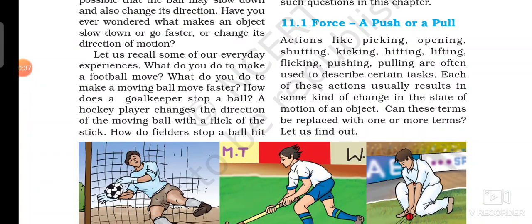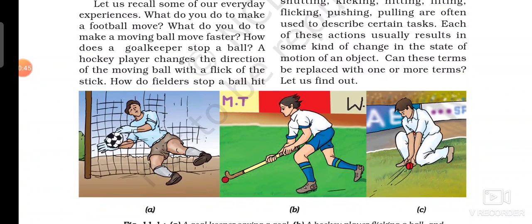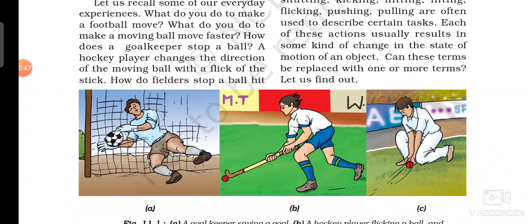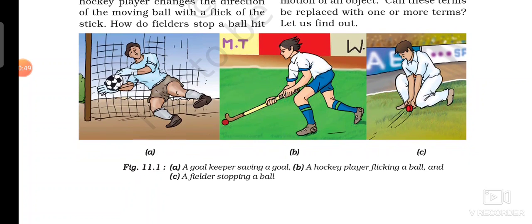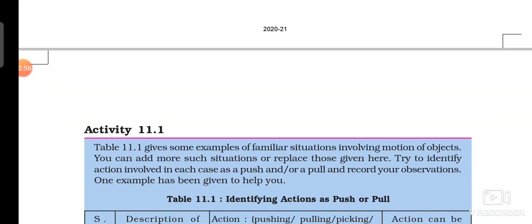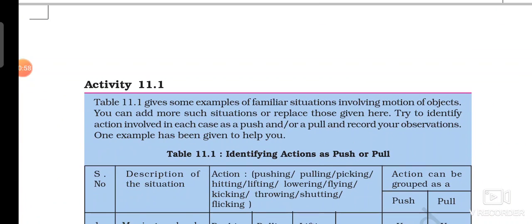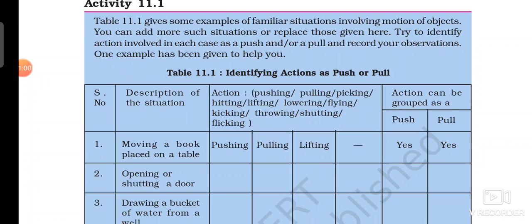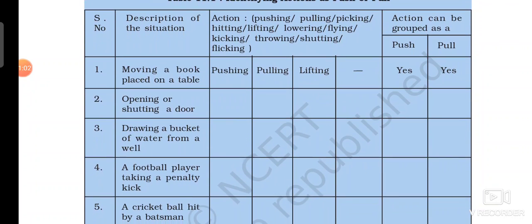So actions like picking, hitting, pushing, kicking, lifting, all these actions which we use in our daily activities, all these actions define force. This describes that a force is applied on a body and hence there is movement in that body.